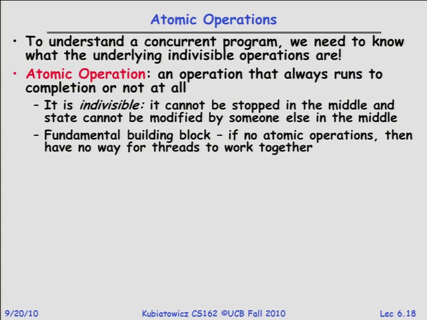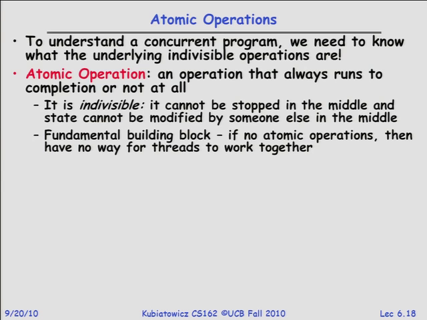A good example of what we'd like to be atomic is what we were giving previously in that bank example, the load, modify, store. We'd like that to be an atomic operation so that there's no way to get any interleaving there. Right? So if we could make that load, modify, store be atomic, then we don't have the problem of things not quite working properly. Okay, is everybody with me on that?